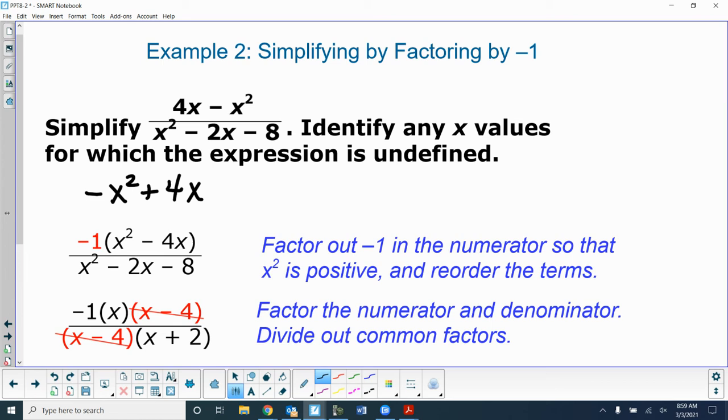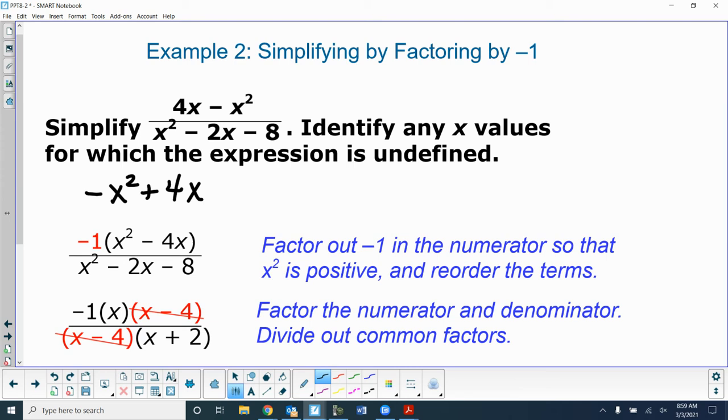So sometimes they're going to change the order up on you, so put it in the right order. Sometimes they'll do both of these things. Make your x squared negative. Okay, if your x squared is negative, factor out that -1. It'll make your factoring life much easier. Much easier when the x squared is positive like we're used to.